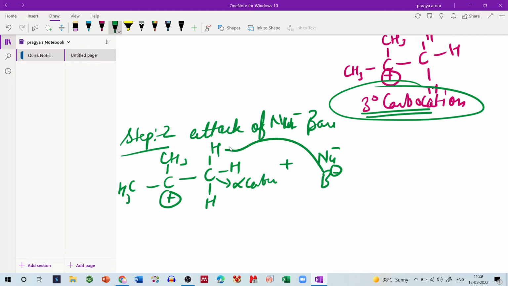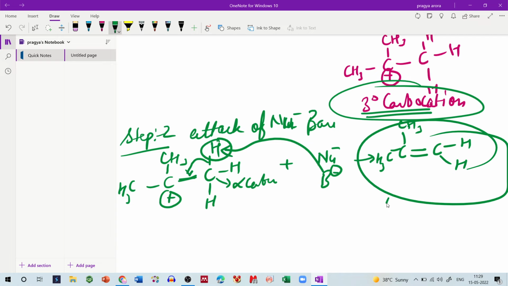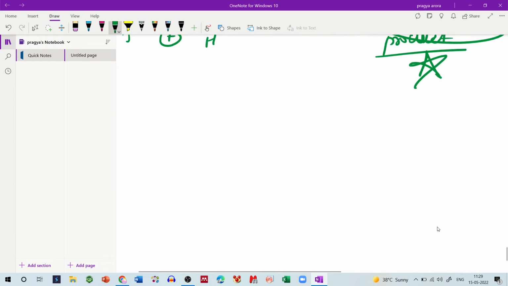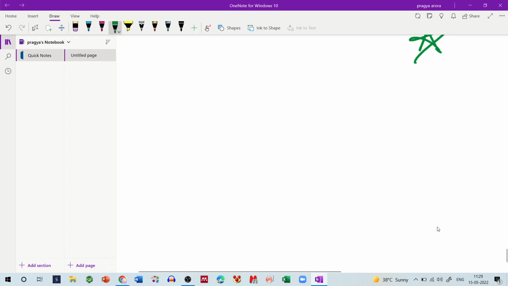This will abstract this proton, and the two electrons from the CH bond will come to this carbon and generate a pi bond, CH3 double bond CH. This is the product that you will get because there was the possibility of a rearrangement of the intermediate generated. Now we'll move to the second type of elimination reaction, that is E2.